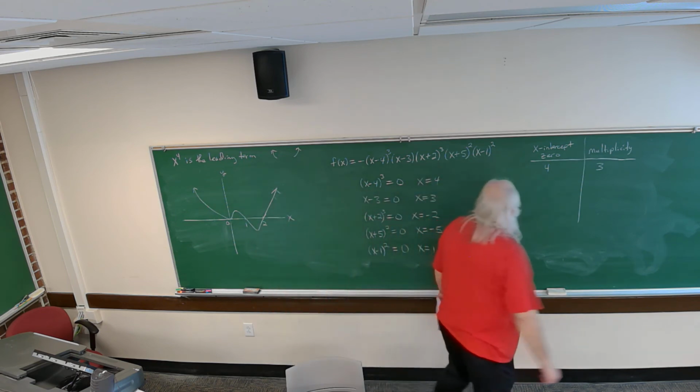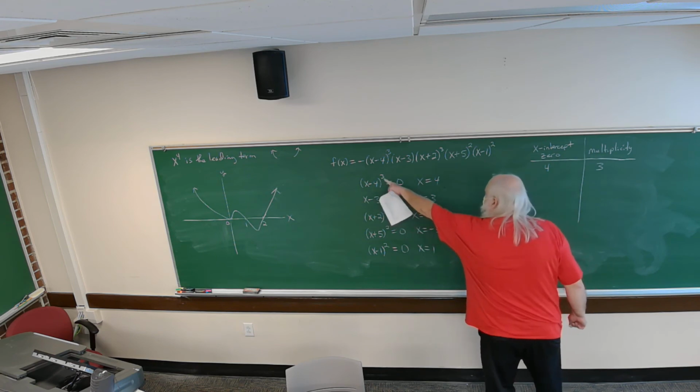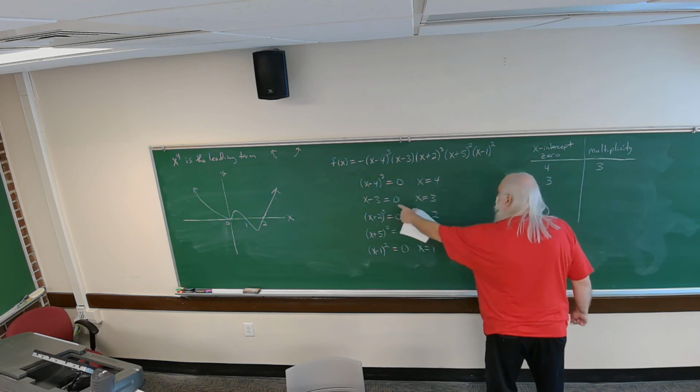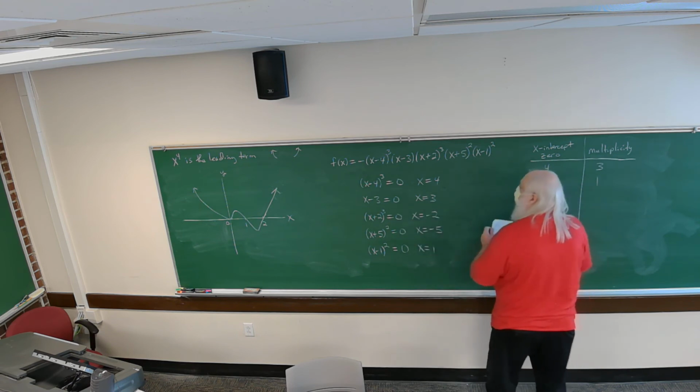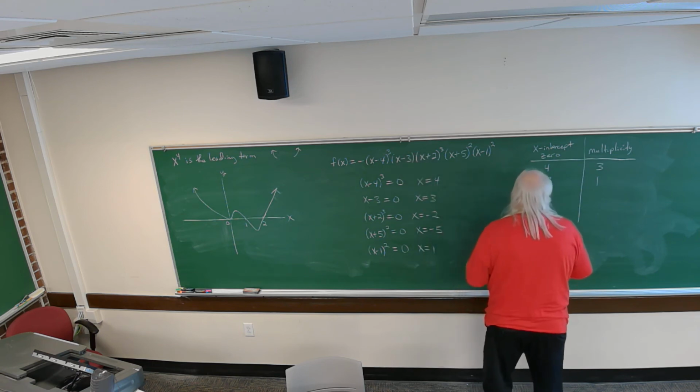So the x-intercept, or 0, x equals 4, has a multiplicity of 3. The 0, x equals 3, has a multiplicity of 1, right? Because the exponent on x minus 3 up here is the invisible 1.